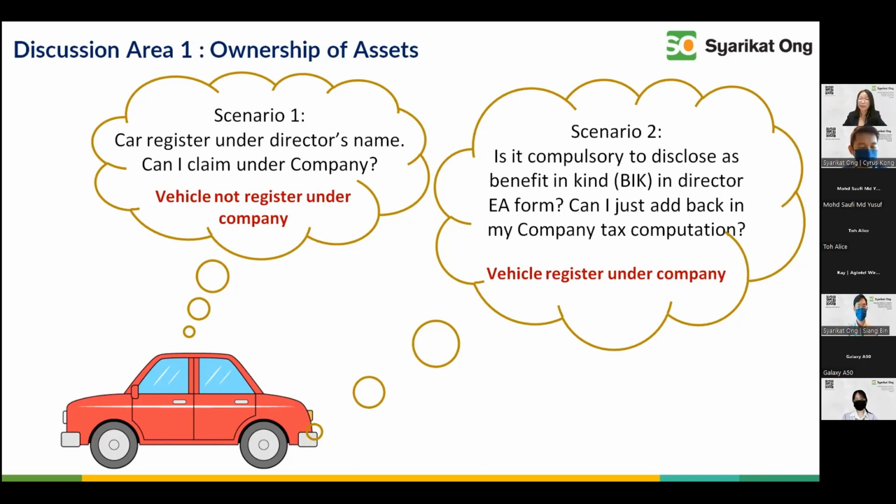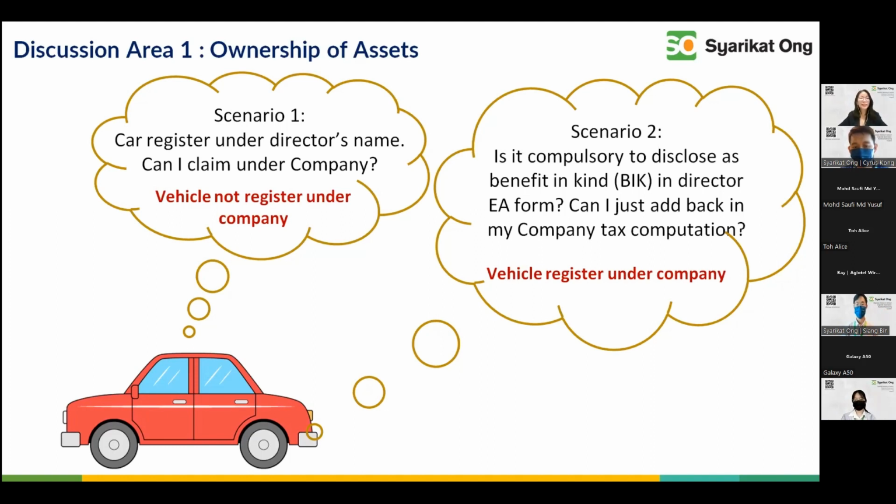Your PCB audit will still need to be completed. Your EA form will still need to be completed when a benefit in kind is required to be registered. Okay, so it's important for you to take note that it's not that, hey, I already added back here, why are you still going to bark about the other things? No, actually, company tax audit and PCB audit are viewed totally differently.